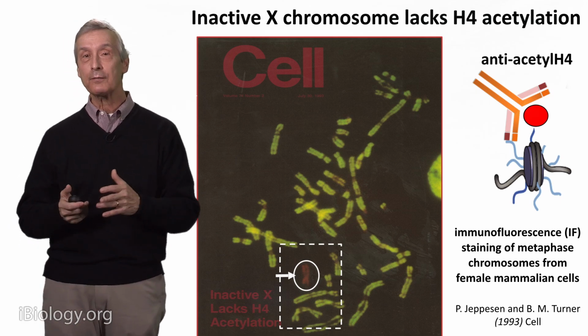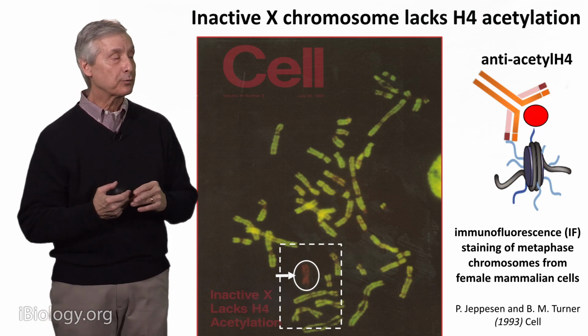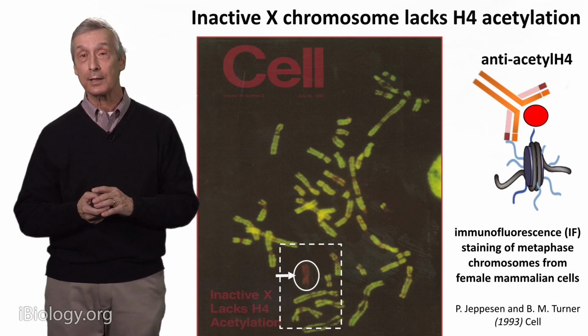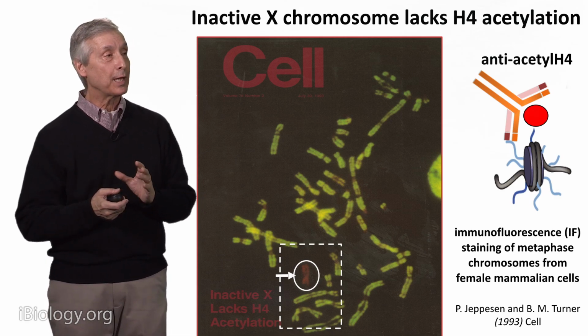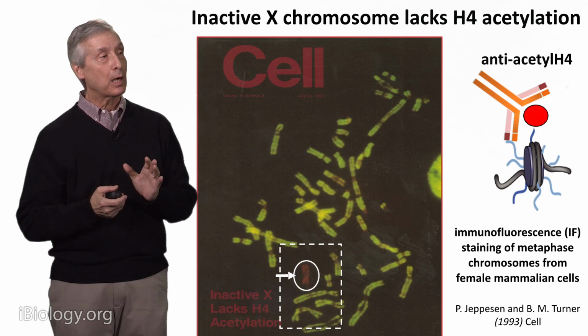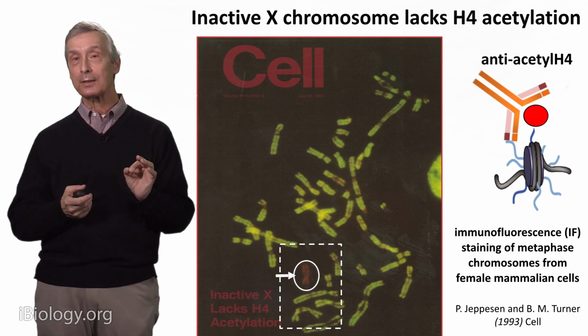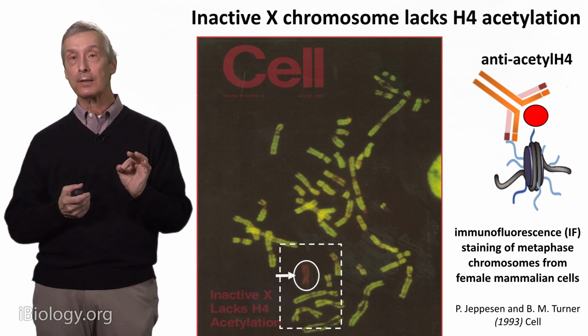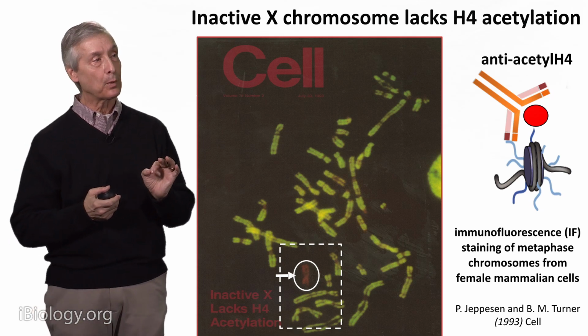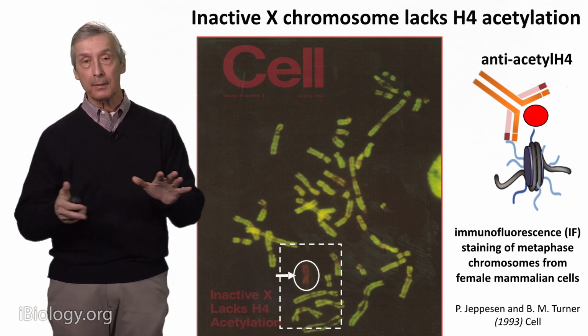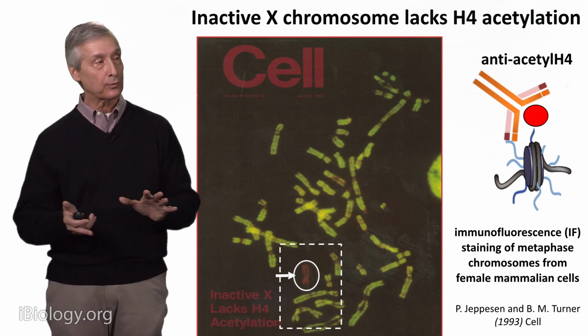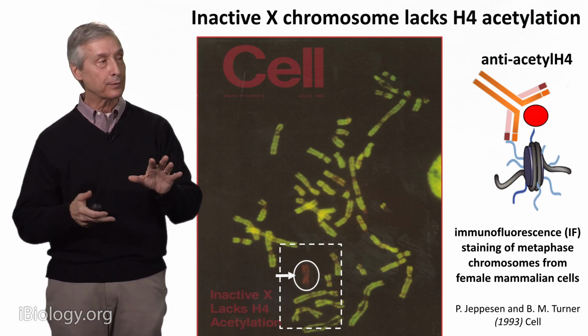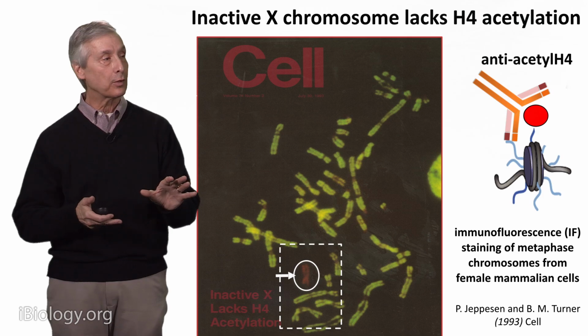This is a classic cover of a Cell article that was published in 1993 by Brian Turner and his colleagues, where they generated an antibody, I'll refer to it as anti-acetylated, so that would be the chemical modification, anti-acetylated H4. And they spread mammalian chromosomes out on a slide. I think you can see on the left there's a lot of green staining chromosomes.